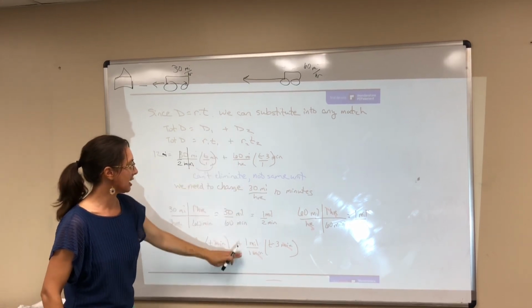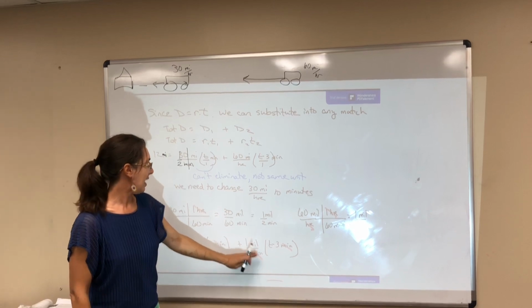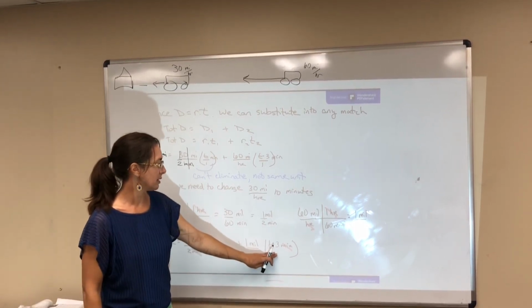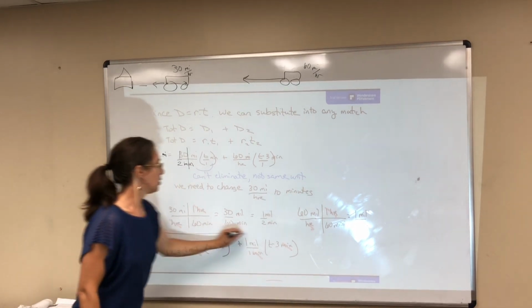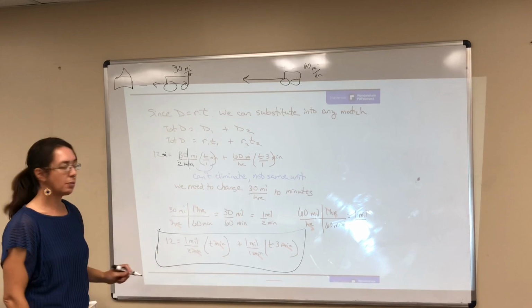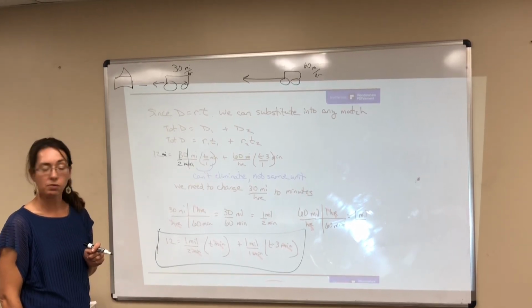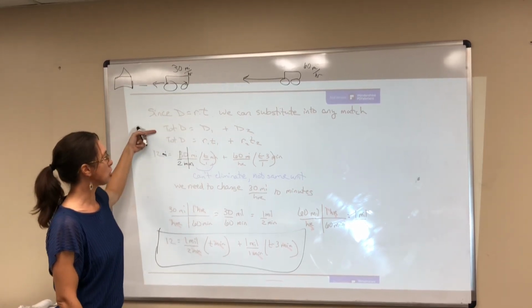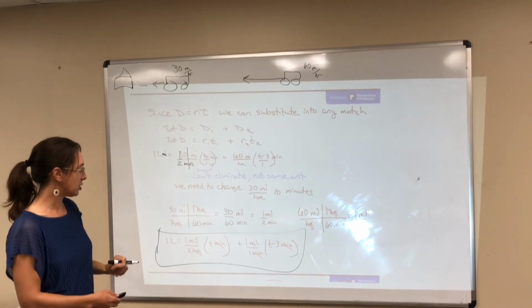The rate of the second truck is 1 mile per 1 minute. So the first truck went T number of minutes. The second truck went T minus 3 minutes. So now we got all that nasty information in this really great equation that we can solve. Sometimes it involves that substitution. We start really simple, we substitute for what we know. So how do we solve this one?